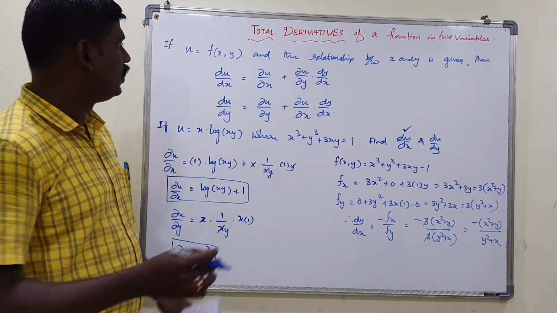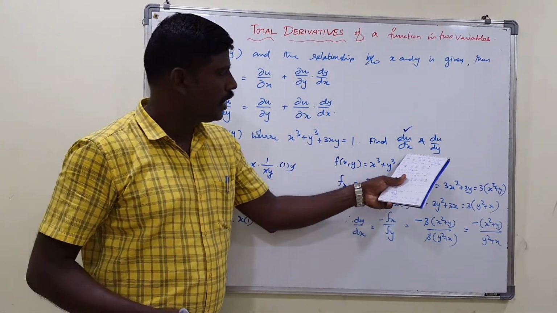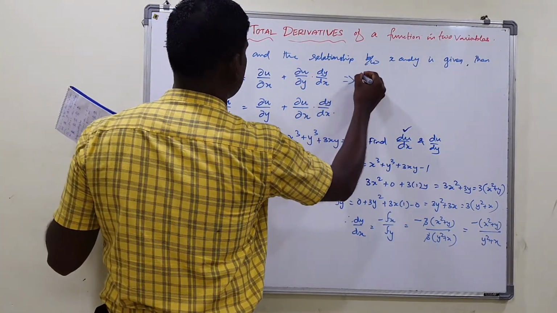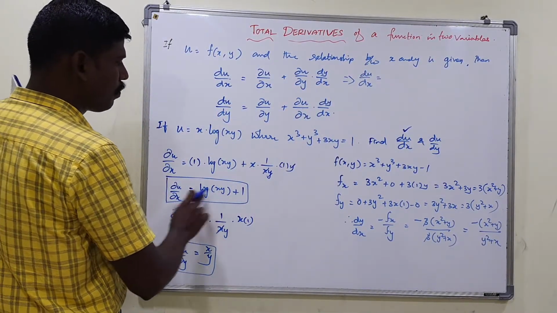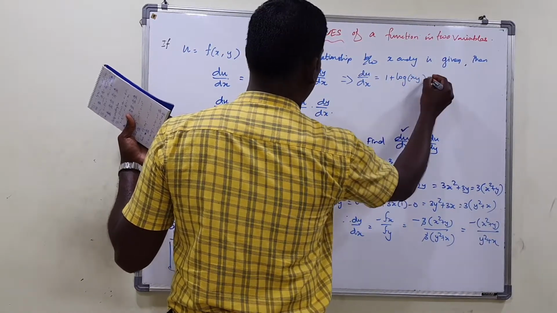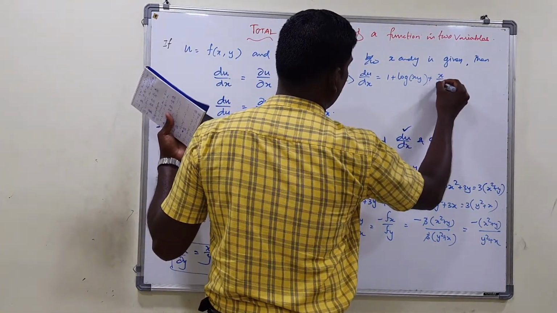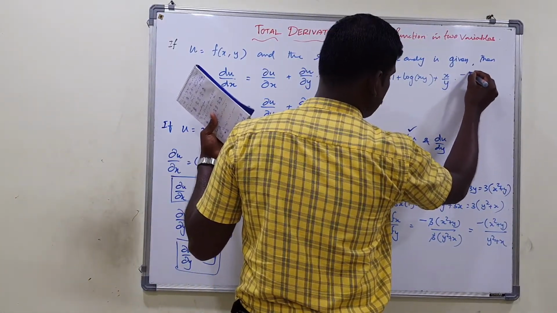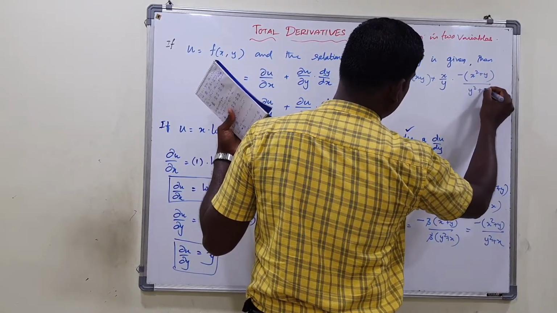Now, what am I going to find at first? du by dx, isn't it? So what is the formula for du by dx? It is here. So this implies du by dx is equal to dou u by dou x, which is here 1 plus log xy, plus dou u by dou y, which is x by y, into dy by dx, which is minus of x square plus y by y square plus x.